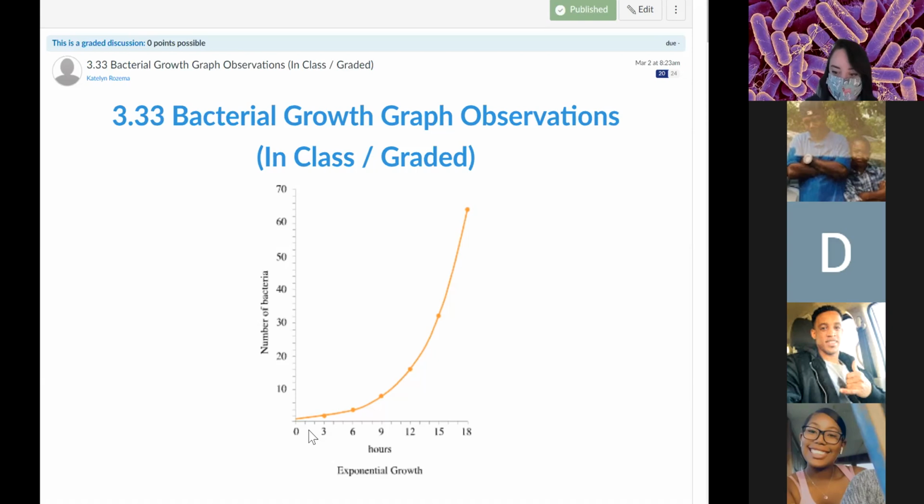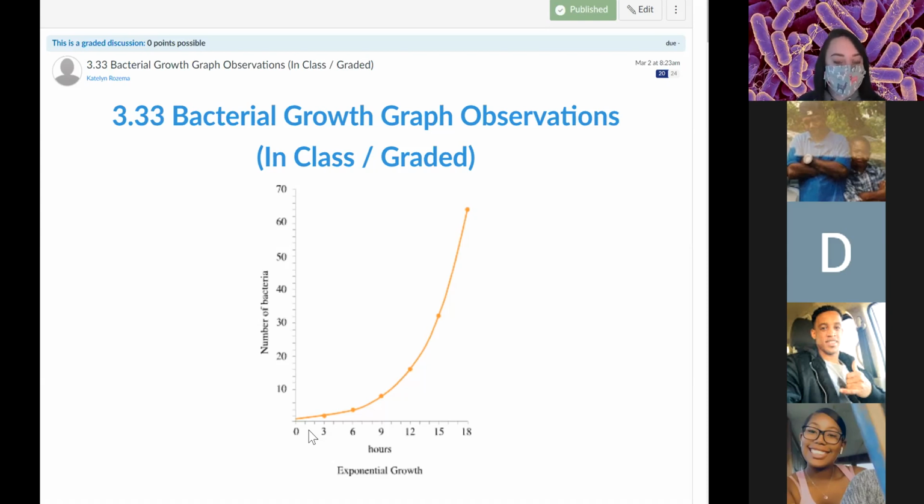So talk to me about how bacteria grow. Like the graph, it takes a minute to shoot all the way up. Okay, there we go. So it starts off with just a few bacteria, and for the first set of hours, it seems like the bacteria are barely growing, but then all of a sudden the graph shoots up.